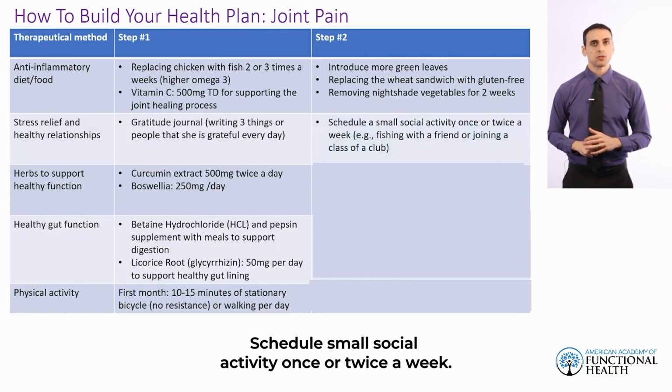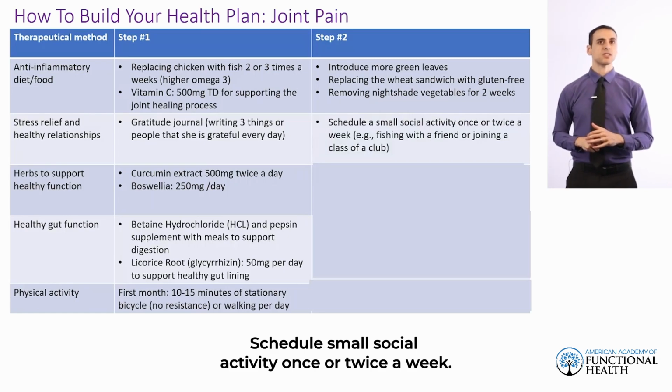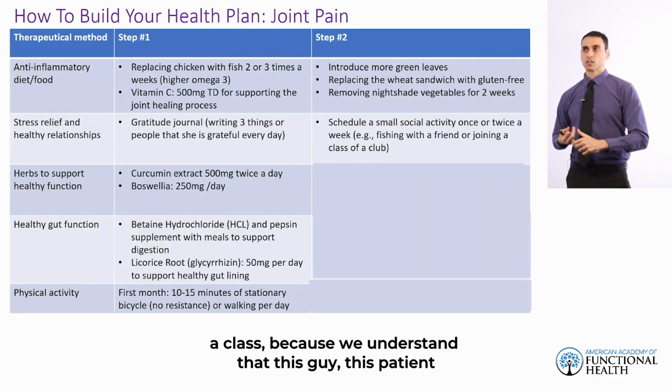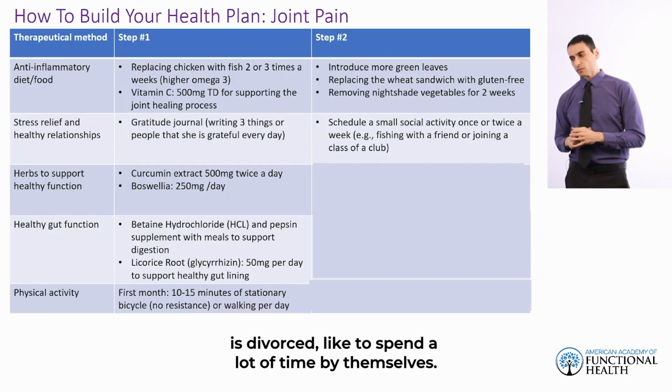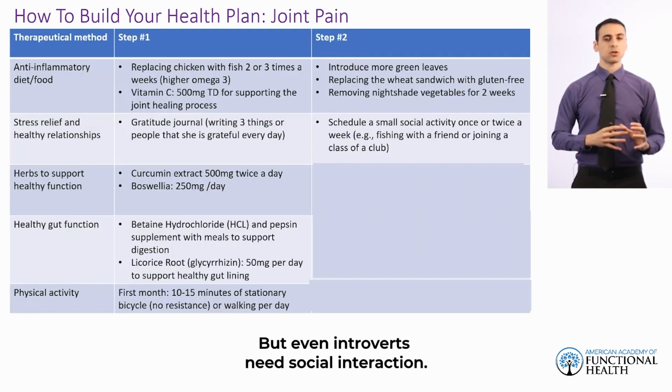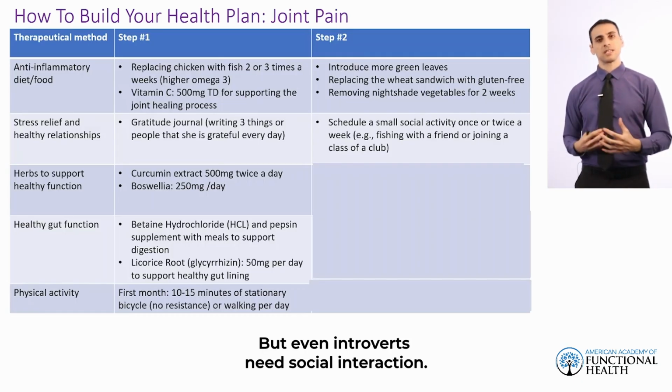Schedule a small social activity once or twice a week. So that could be fishing with a friend or joining a class, because we understand that this patient is divorced, likes to spend a lot of time by himself, and he might be an introvert, right? And that's okay. But even introverts need social interaction.